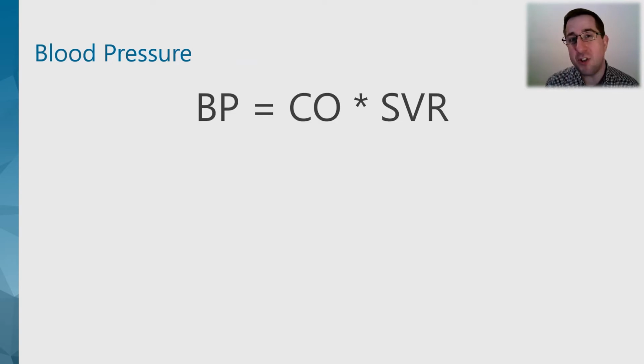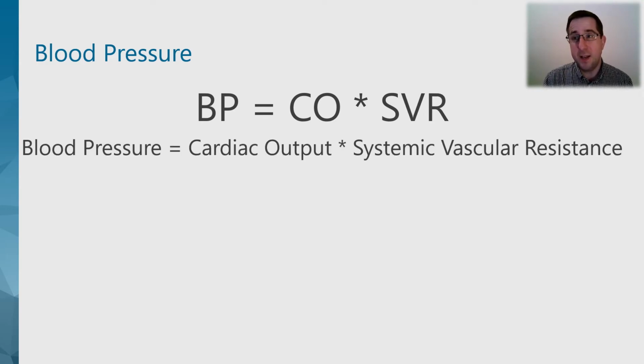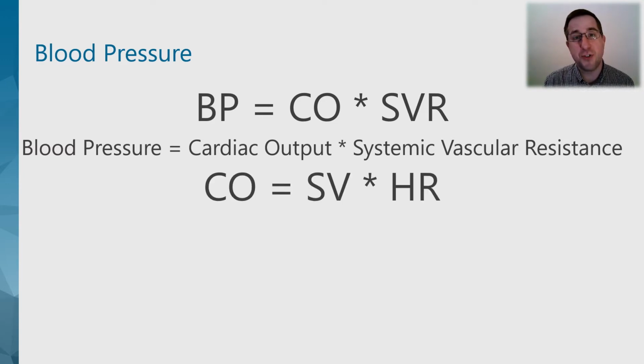So blood pressure equals cardiac output times the resistance to flow, the systemic vascular resistance. Now, we talked about cardiac output earlier in this week's information, and cardiac output equals stroke volume times heart rate.